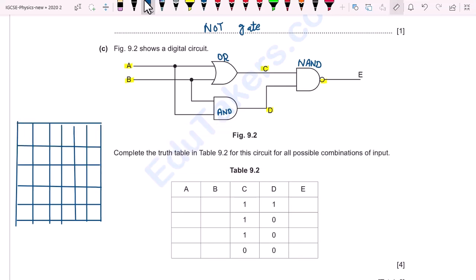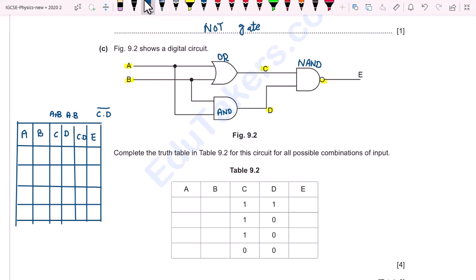So here we can see that here are two inputs A and B, and we obtain C, where C is equal to A or B, and D is equal to A and B. We are taking the AND of C and D, C dot D, and then we get E, where E is equal to C and D, and then we apply the NOT gate.